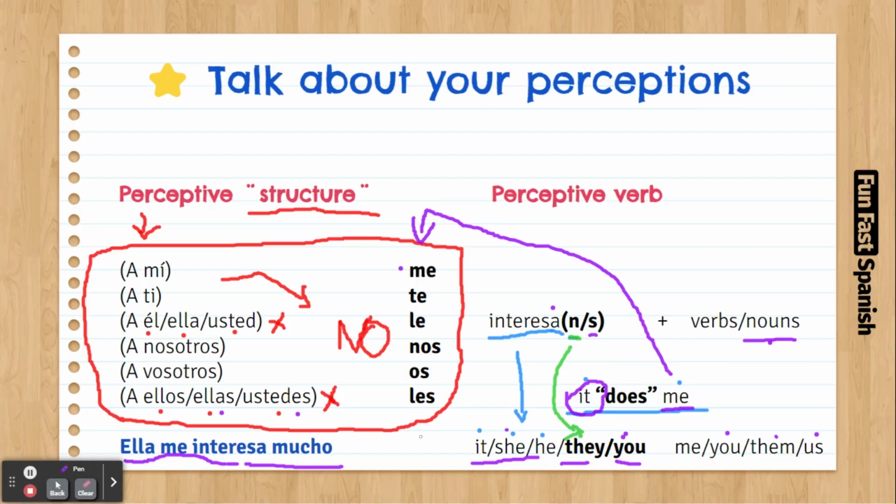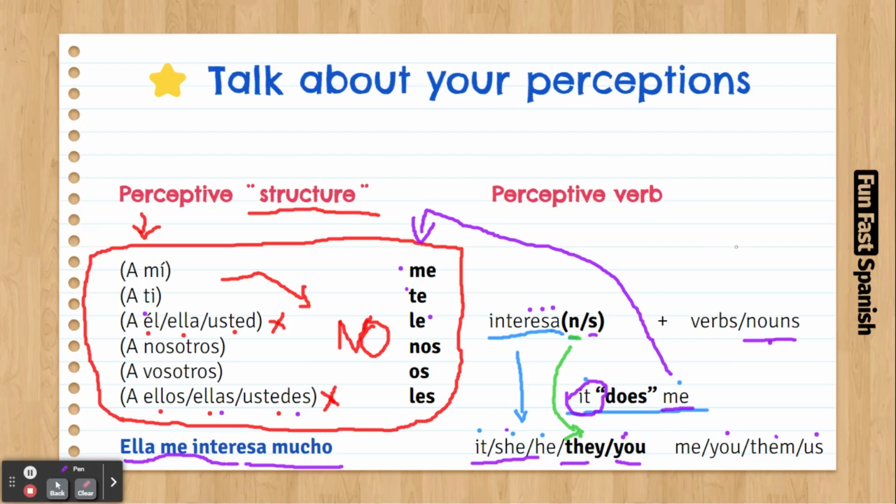But you can also say, a él le interesa ella. It's like he is interested in her. But we could also say, ella te interesa. It's like, te interesa ella. It's like, are you interested in her?